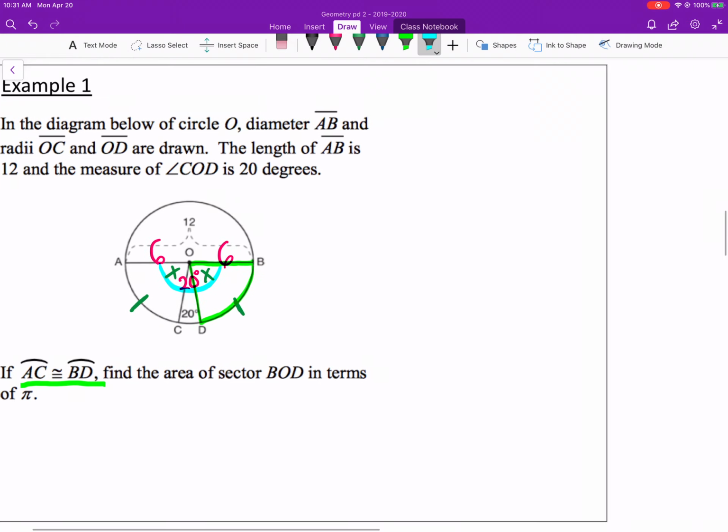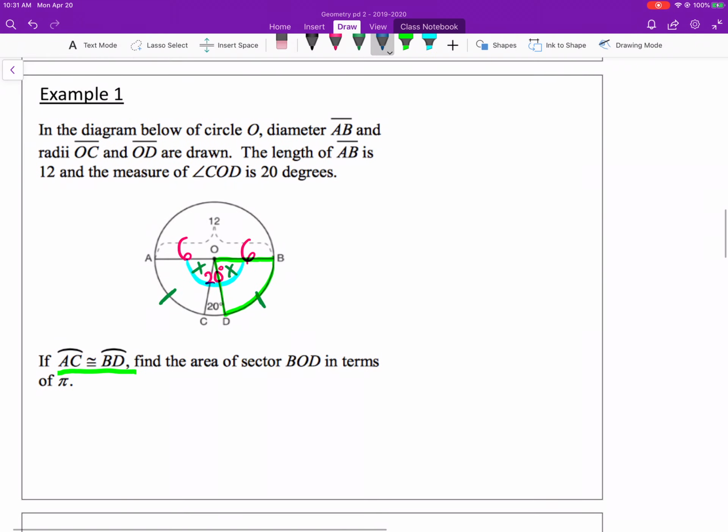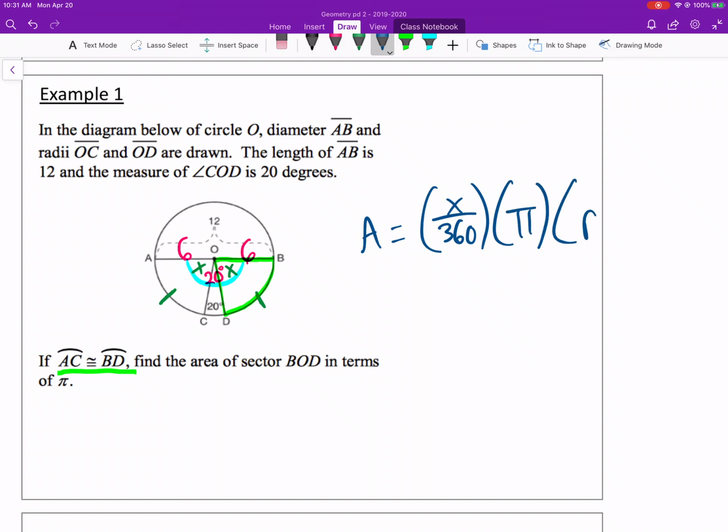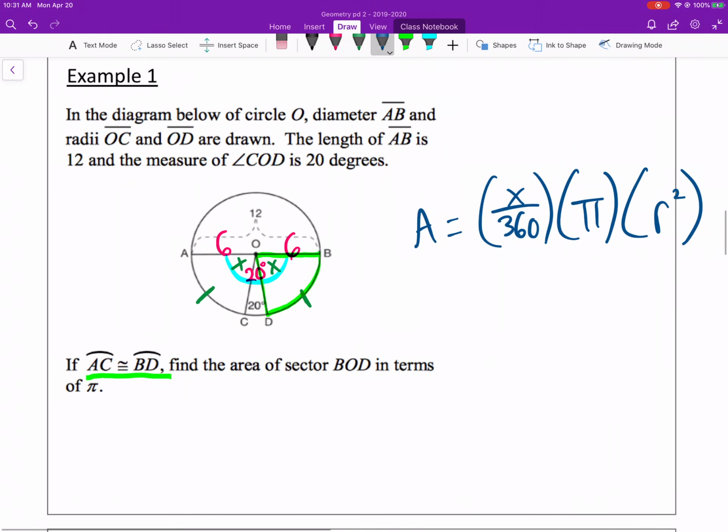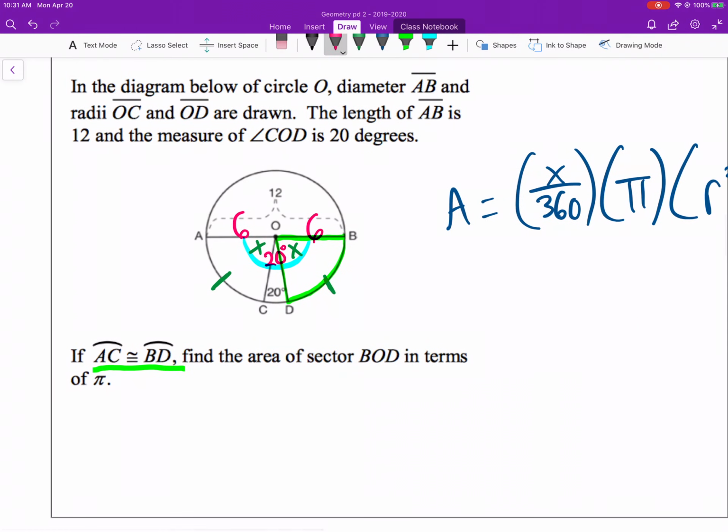Now, hold on, why are we doing this? What's the formula? The area is equal to x, the central angle, over 360 times pi times the radius squared. Now we have the radius, we don't have x though. So we have to find that central angle. You can set up an equation of x plus x plus 20 equals 180.